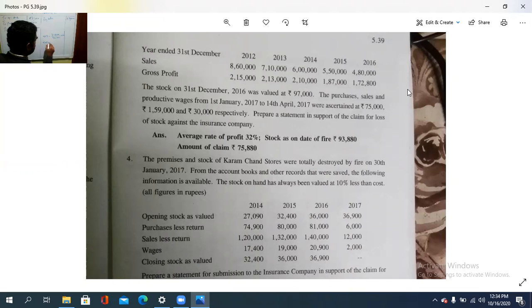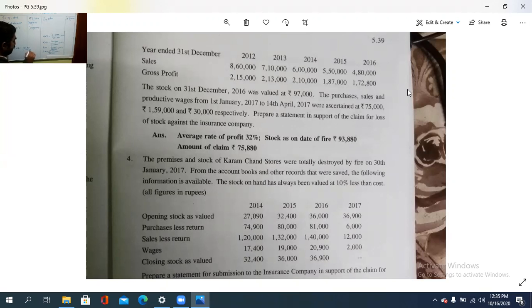Second year, 2013, it is 2,13,000 divided by 7,10,000 into 100. Then third year, 2014, it is 2,10,000 divided by 6 lakh into 100. Then 2015, it is 1,87,000 divided by 5,50,000 into 100. And 2016, how much is that?